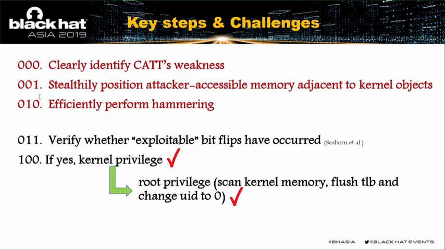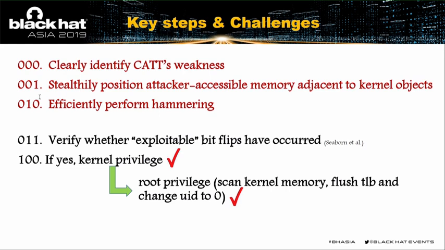We have listed the 5 key steps for our successful Rowhammer exploit. The first is to clearly identify CATT's weak spots, and then abuse them to stealthily position attacker-accessible memory adjacent to the kernel objects. In this case, we use the page tables. The third step is to perform efficient single-sided Rowhammer, because we have no pagemap interface.